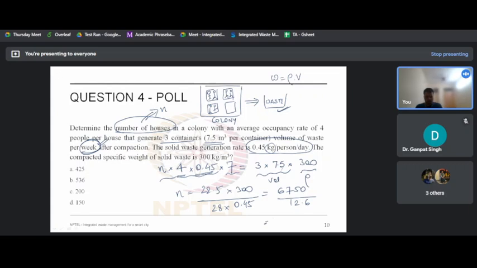So 6750 divided by 12.6 comes out to be 535.71. Since it is the number of houses, it should be an integer, so we round it off to 536. So this many houses are there in the colony, which will need 3 containers of 7.5 meter cube, compacted at a rate of 300 kg per meter cube, given the waste generation of 0.45 kg. So option B is the correct answer.